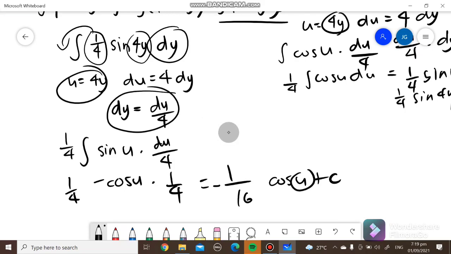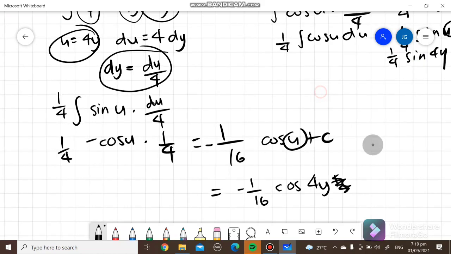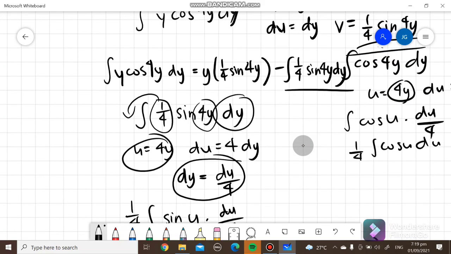What's the value of u? The value of u is 4y. So we will have negative 1/16 cosine 4y plus c. We don't need to put the constant here; we will put it in our final answer.